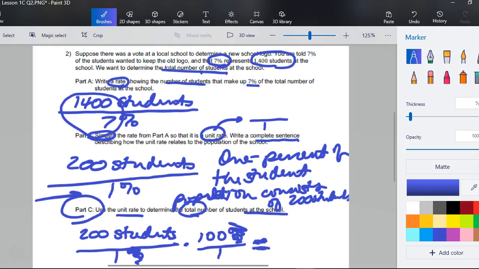A lot of those words aren't good or acceptable, but you need to put it in some words where you know the percentage units are gone, student unit is left, and 200 times 100 is 2 with a couple of zeros, a couple of more zeros. So the total population at this school will be 2,000 students.